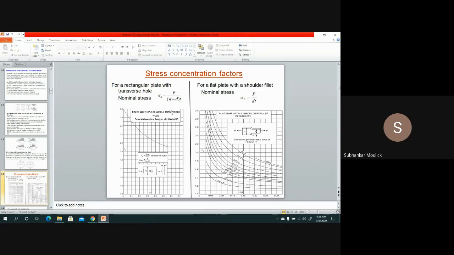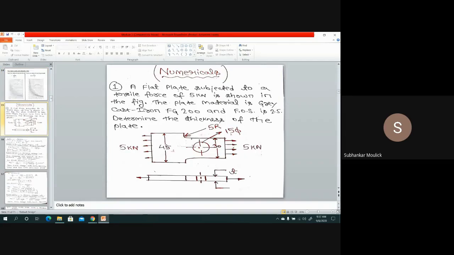In today's class we will try to solve design problems related to stress concentration factor. I hope all of you have the design data book with you. Let us solve the first design problem related to stress concentration.